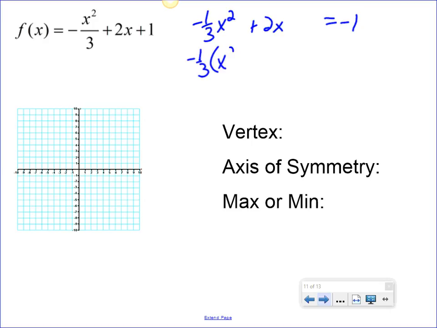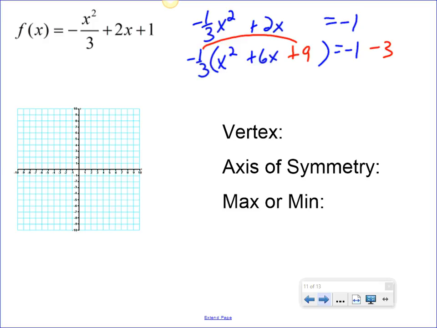If I factor out that negative 1/3, this would become a 6x. So what do I have to add on? Well, half of 6 is 3. 3 squared is 9. So I'm going to add 9 here, but a negative 1/3 times 9 would be a negative 3. So I'm really going to subtract 3 from the other side.